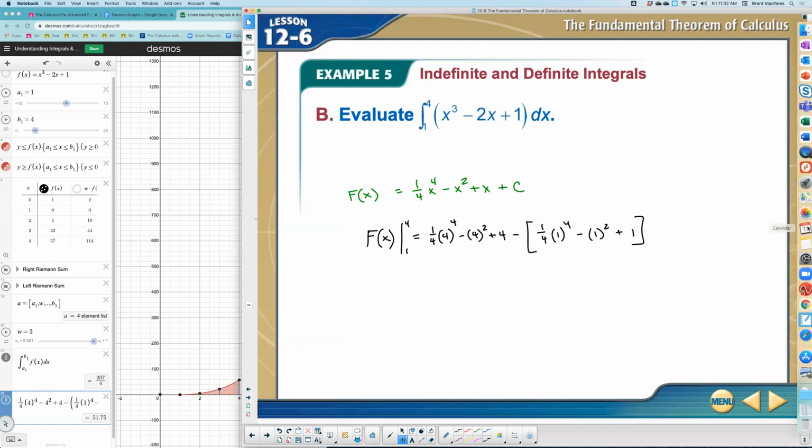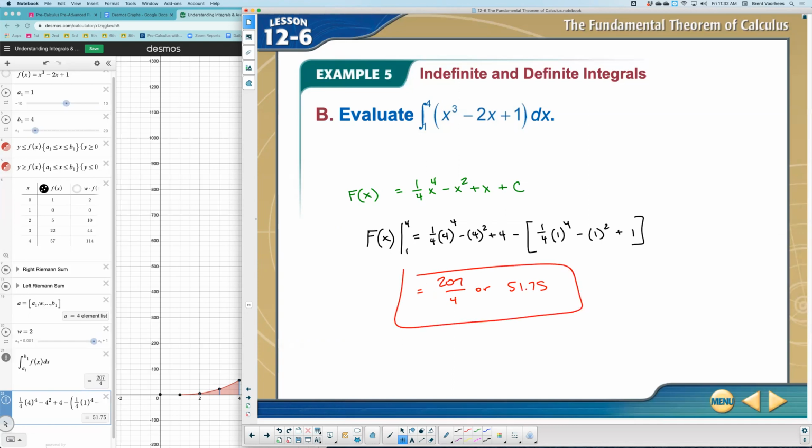So we did do this one correctly. 207 divided by 4, or 51.75, is the answer here to part B.